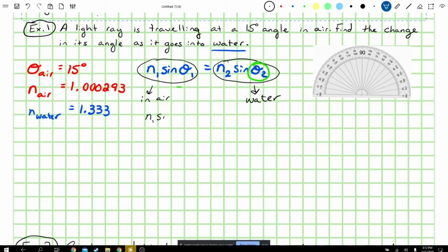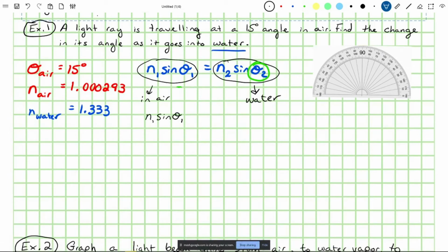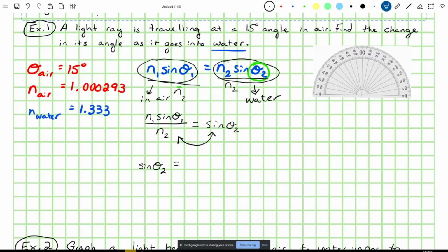So I'm going to take n1 sine theta 1. I'm going to divide that by n2 to the other side. Okay, and that leaves us with a sine theta 2 on the right side. I'm going to go ahead and switch these just to be consistent. So I have sine of theta 2 is equal to n1 sine theta 1 over n2.